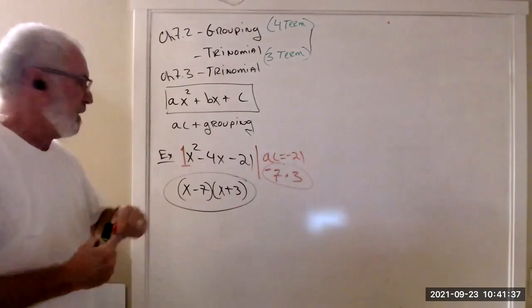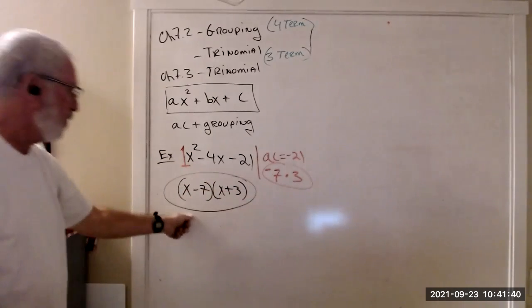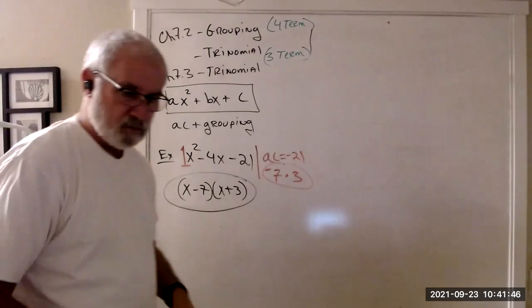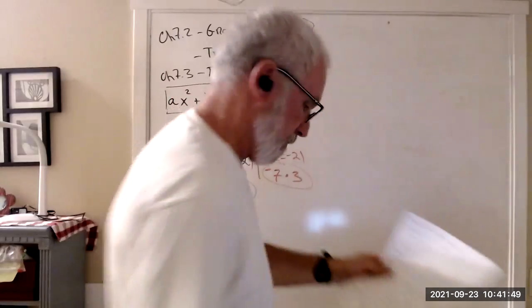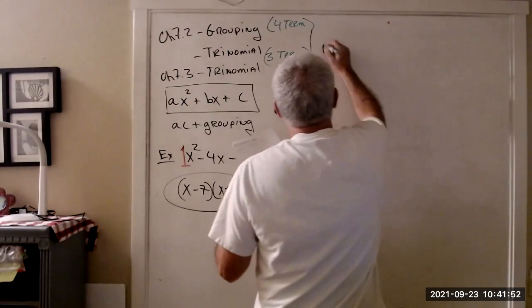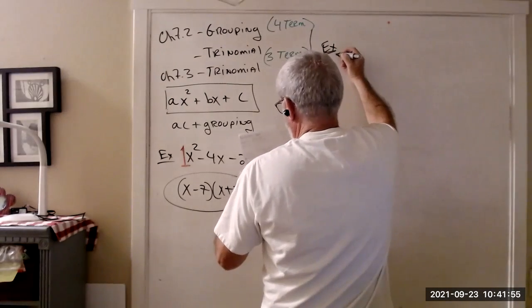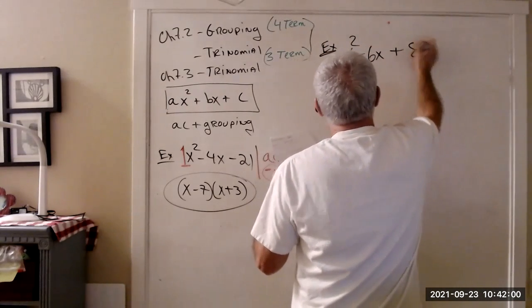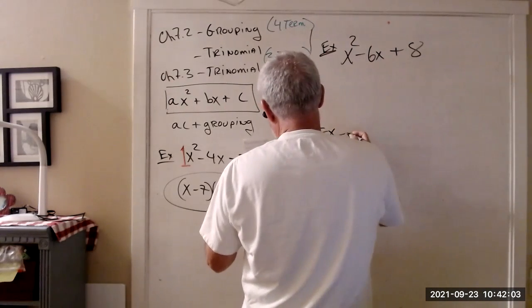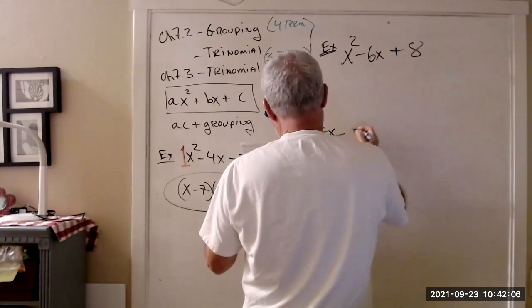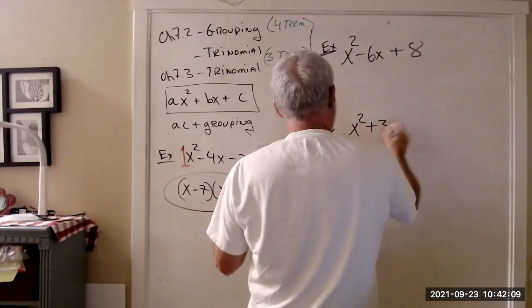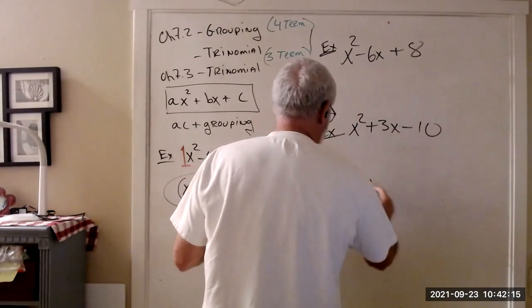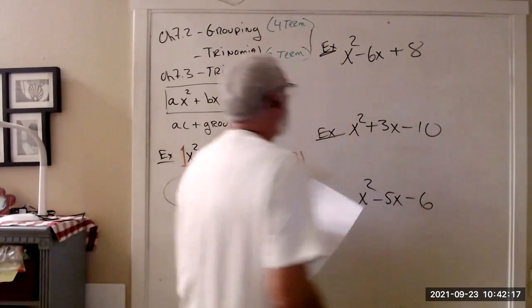But because the a value is 1, you can just use the negative 7 and 3 and you're done. Pretty cool. Try those 3 problems.